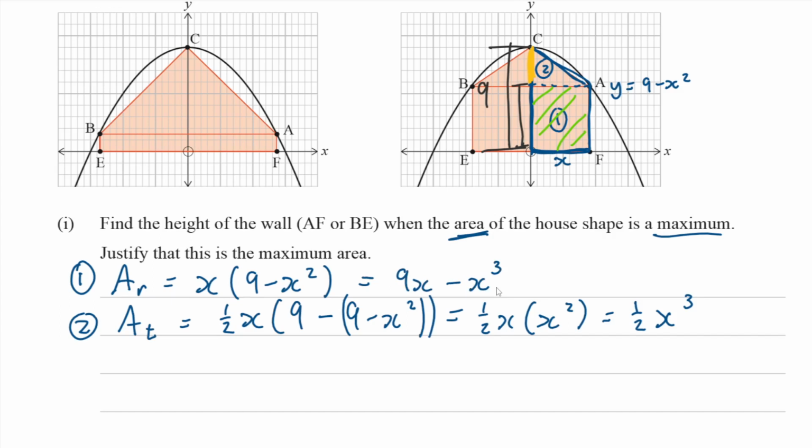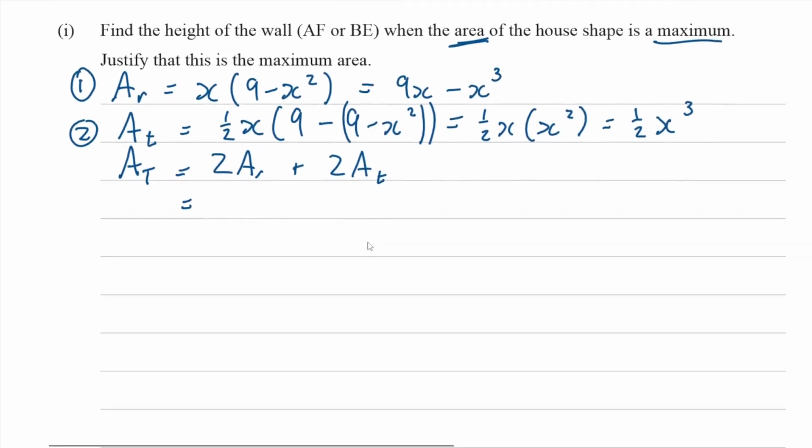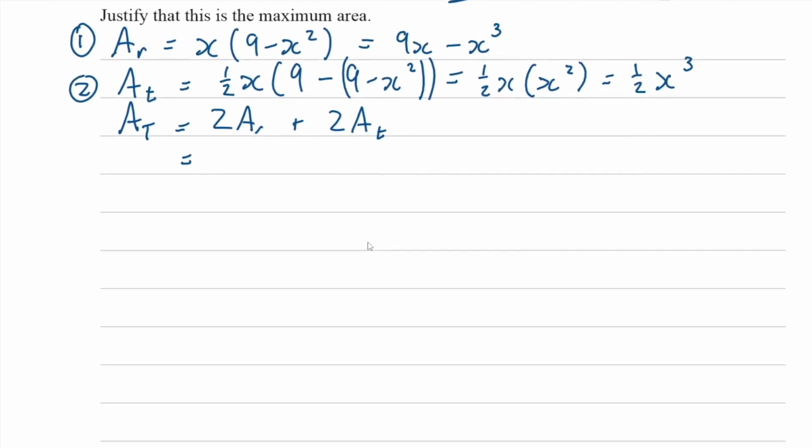Okay, so that's the area of those two sections, but let's find the total area, capital T, which is 2 lots of the triangles plus 2 lots of the rectangles. So that becomes 2 times 9x minus x cubed plus 2 times half x cubed.